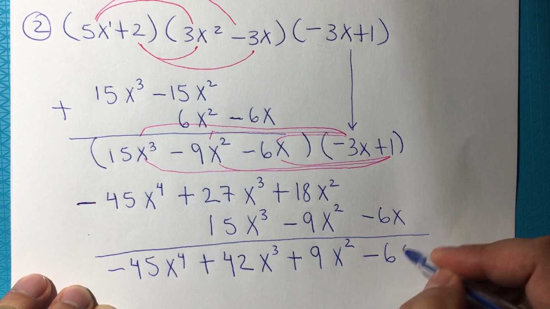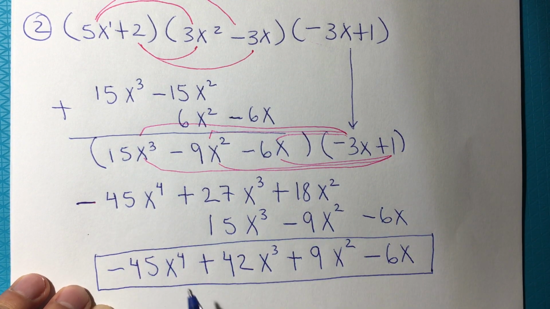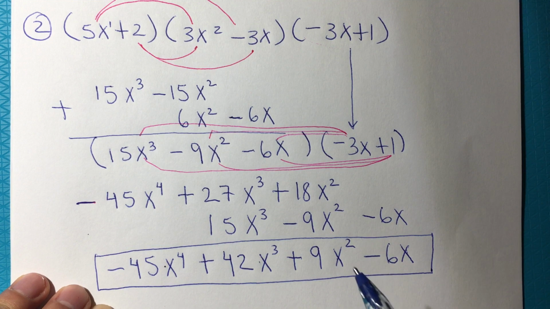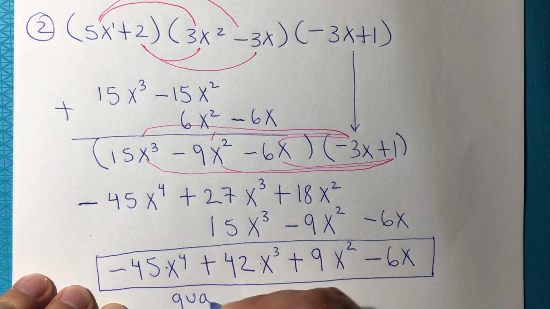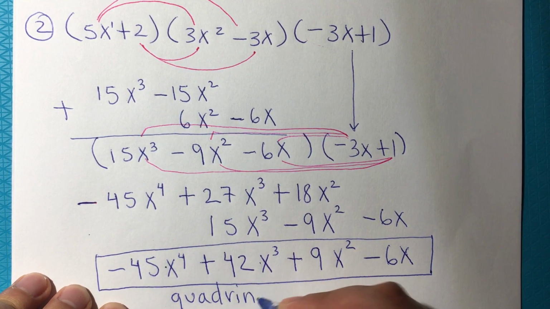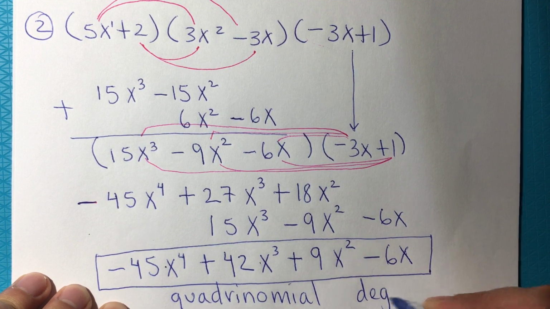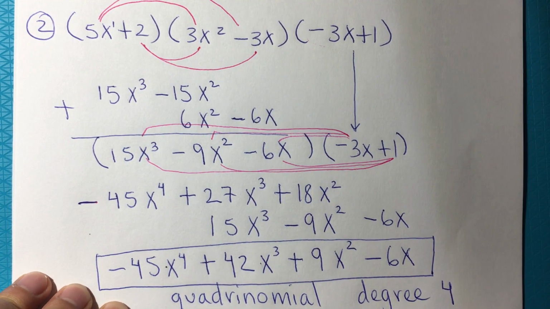And just bring this down. And now we have 1, 2, 3, 4. Again, we'll have a quadrinomial, but this time the degree is 4. Quadrinomial, degree 4.